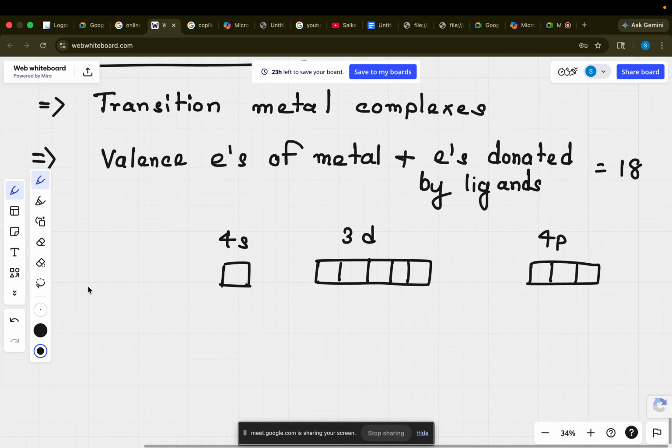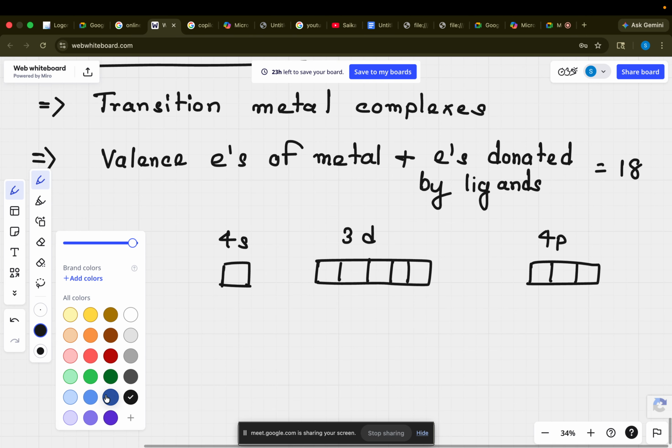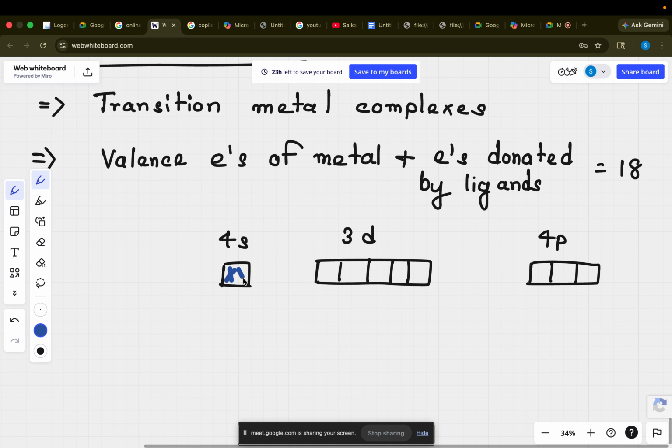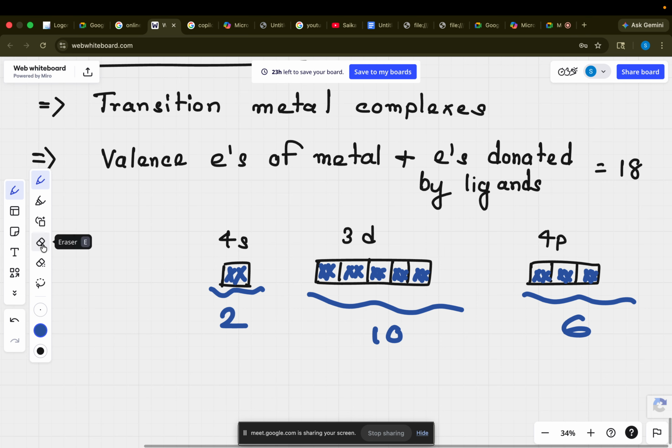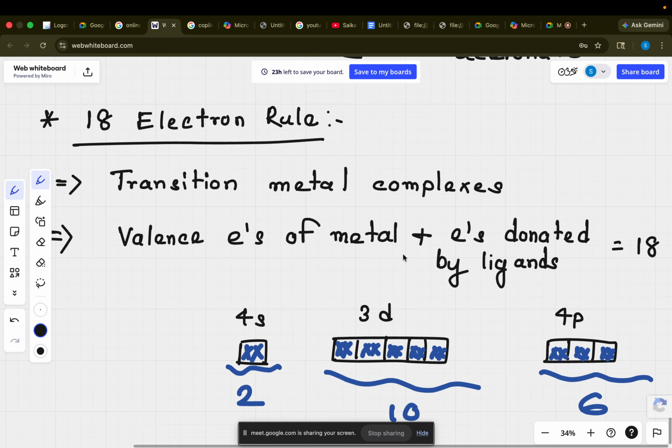Each orbital can occupy 2 electrons. So I get 2 electrons from 4s, 10 electrons from 3d, and 6 electrons from 4p. In total you get 18, right?